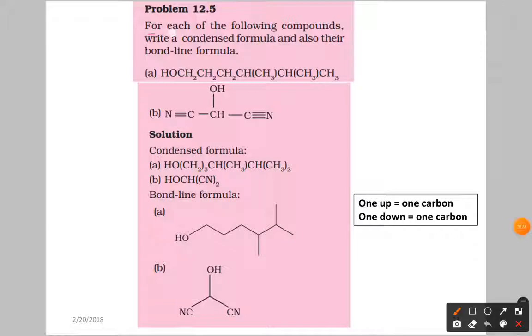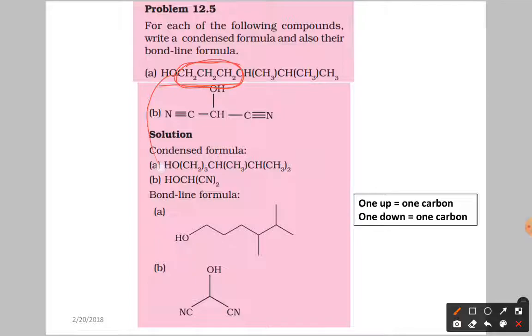Next we have: for each of the following compounds, write the condensed formulas and also their bond line formulas. Okay, they are asking first for the condensed, after that the bond line. Now here, in a condensed formula, if the same units are repeating, you write that as a subscript.